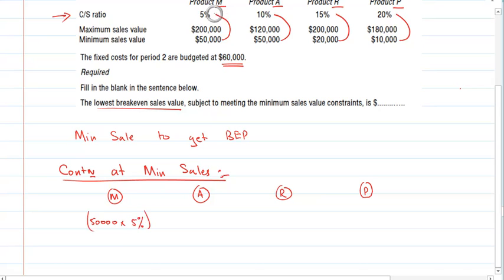You know that sales multiplied by CS ratio is going to give you contribution, isn't it? Plus 50,000 multiplied by 10%, plus 20,000 multiplied by 15%, plus 10,000 multiplied by 20%.